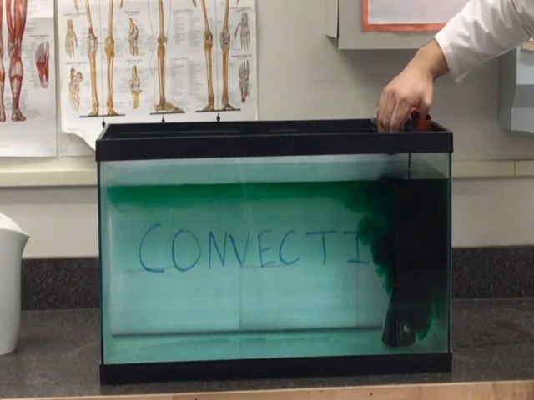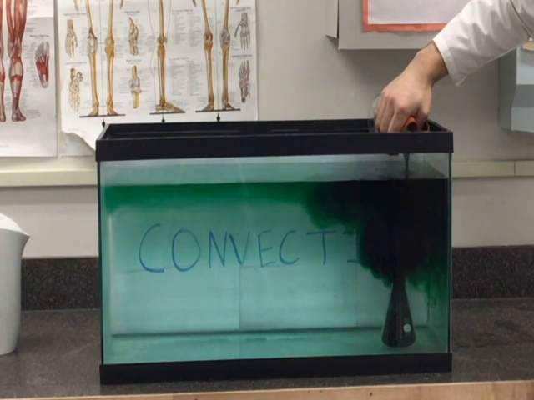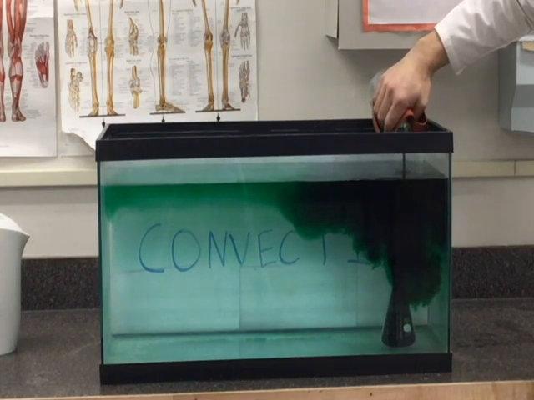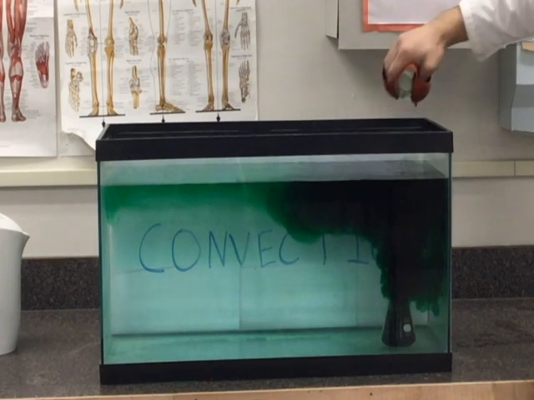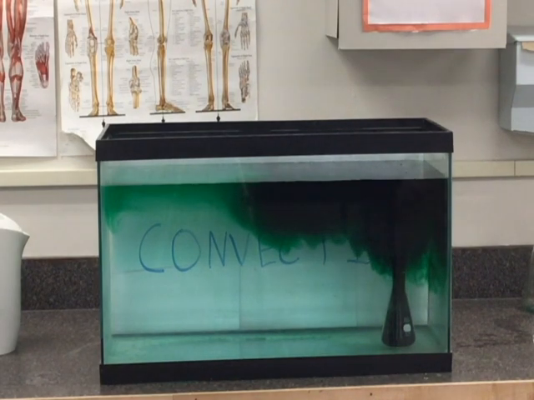And you'll notice it's actually not mixing with the rest of the water. What it's doing is coming and sitting right at the top. So we're getting a nice green cloud right at the top.